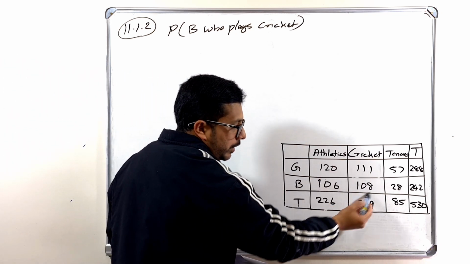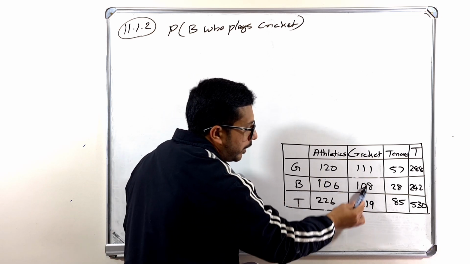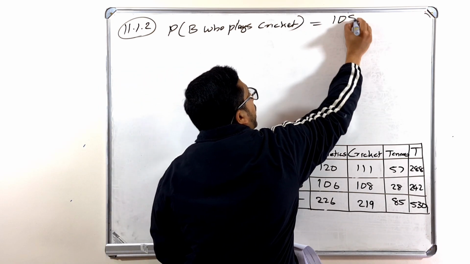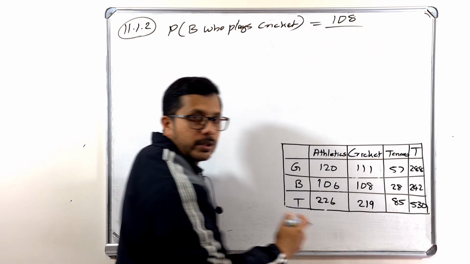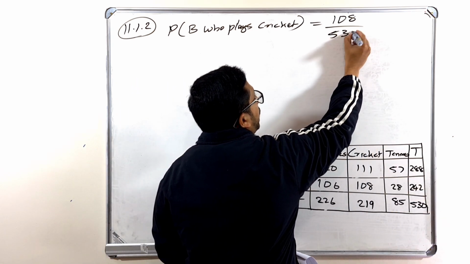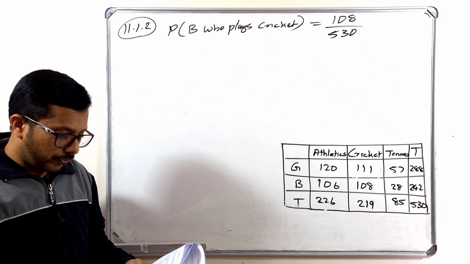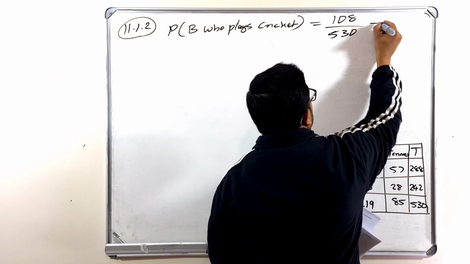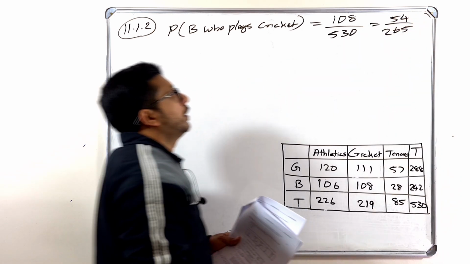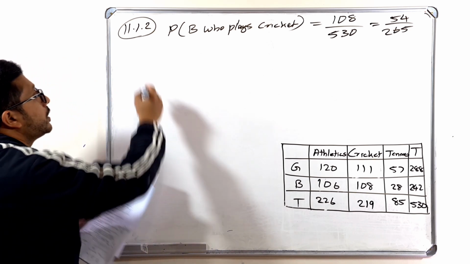So how many numbers are there? 108. Am I right? Boy cricket, 108. So what is the probability? 108 divided by the total. Probability means divided by total. Overall total is 530. You can check in your calculator the simplified form, that is 54 over 265. So that is A.